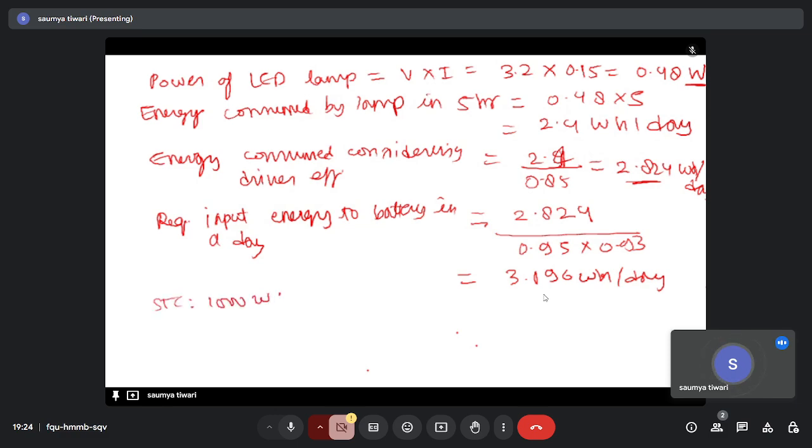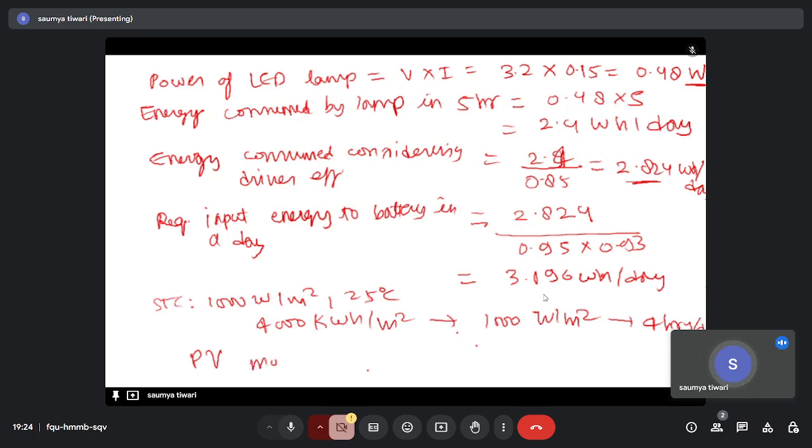Now, we have been given the daily minimum global radiation of 4 kilowatt hour per meter square, and this can be interpreted as 1000 watt per meter square available for 4 hours per day, right?